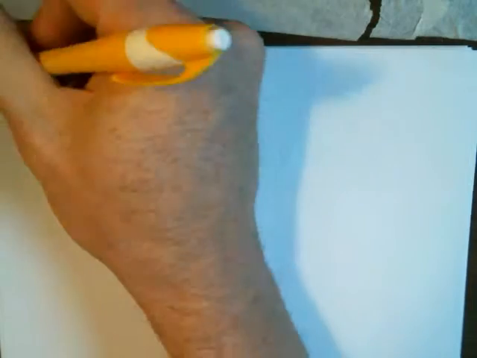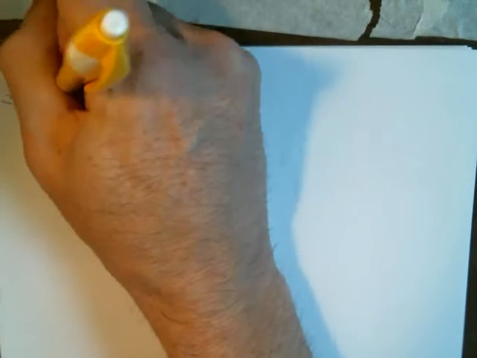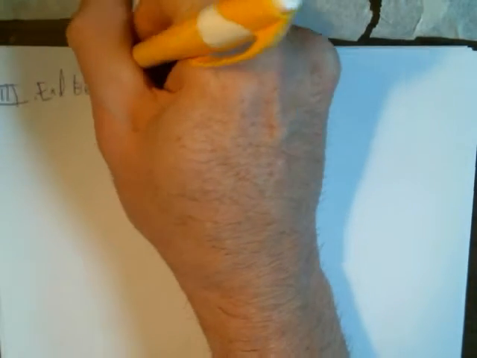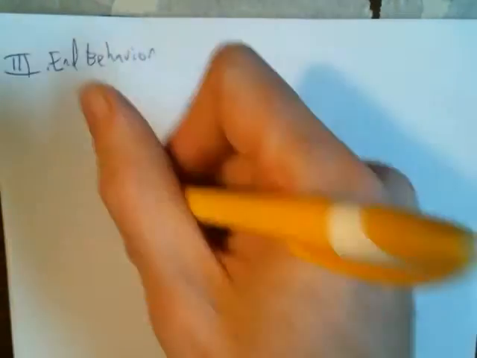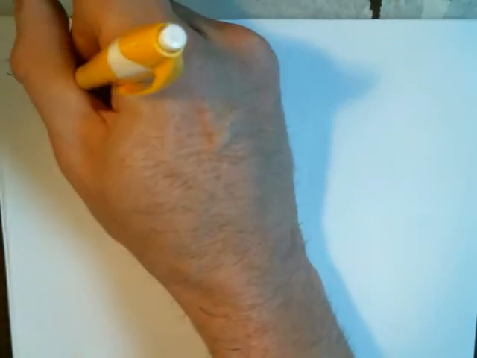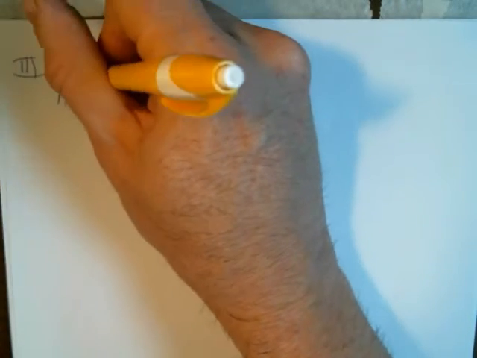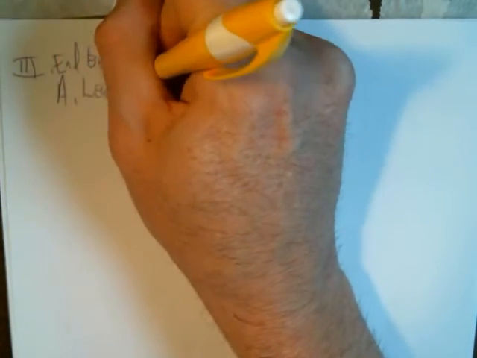Let's look at the end behavior of these polynomials. So section 3, end behavior. Okay, and there's basically just 4 different types, and it's based off the leading coefficient. Okay, so the book will call this the leading coefficient test.